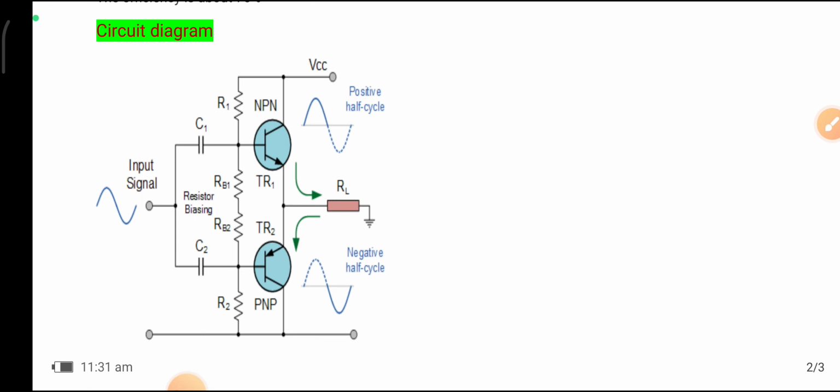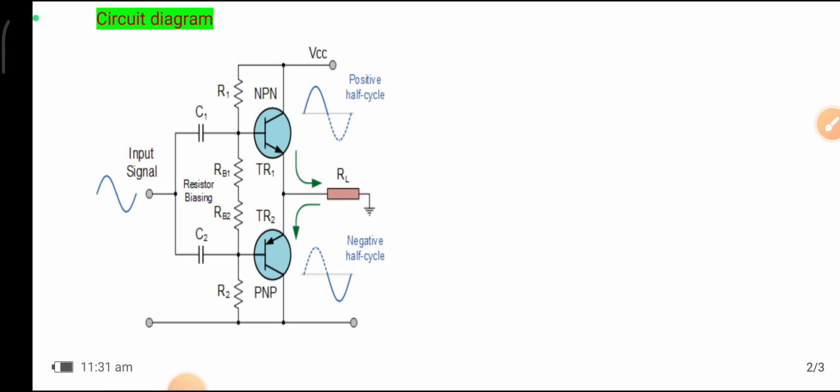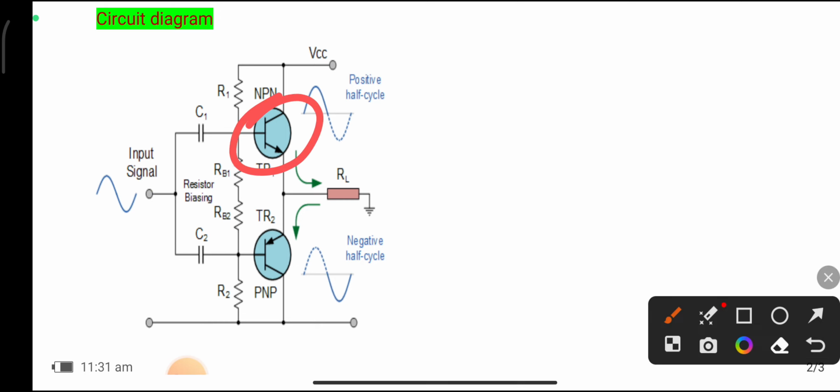Here the input signal is provided to both base terminals of the transistors. One of the transistors, for example the NPN transistor, conducts in the positive half cycle. This NPN transistor conducts, but the PNP transistor is in cutoff state, meaning off. So only the positive half cycle of the input is amplified.